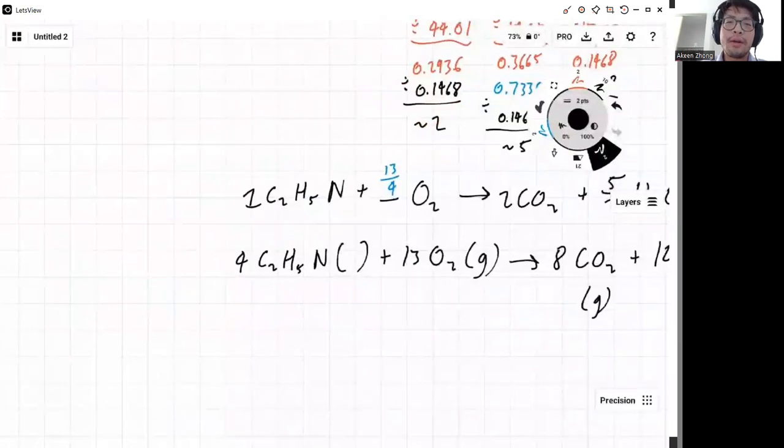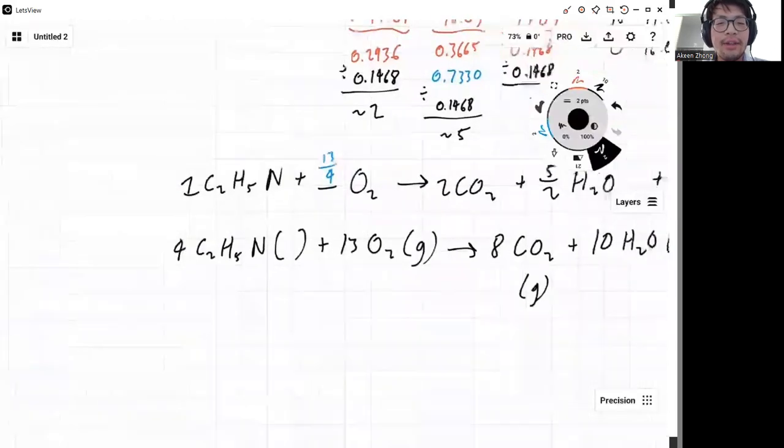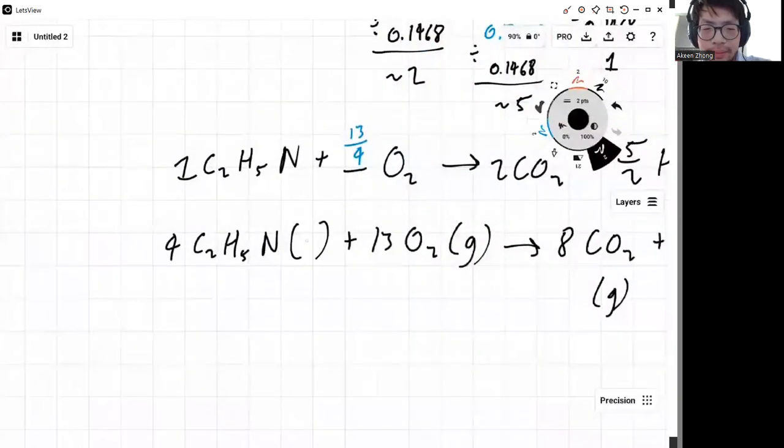Now, if you were quite sharp, you would have realized that this is probably a gas due to the fact that it has a very low molecular weight, and the 1 nitrogen is not enough to keep the intermolecular forces from sticking together during room temperature.